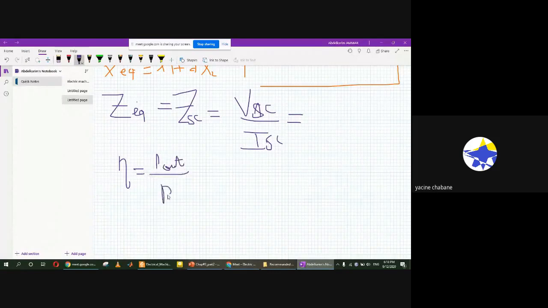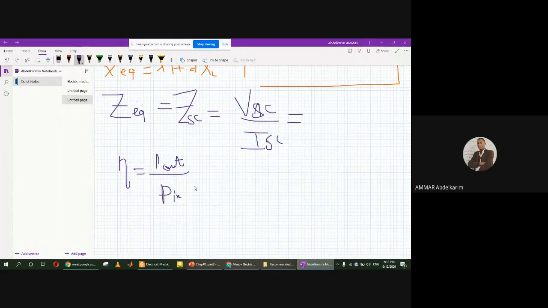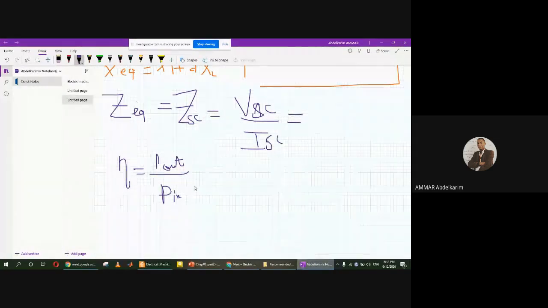Sir, what do you mean by a full load? I said it many times. The full load is the maximum load that the transformer can support. So when we connect the load at its full value, the current will be at its rated value.